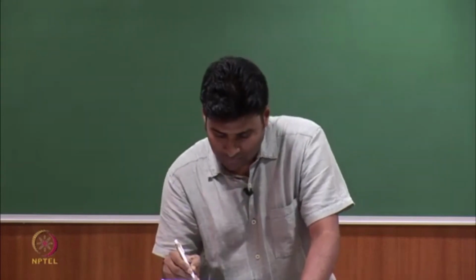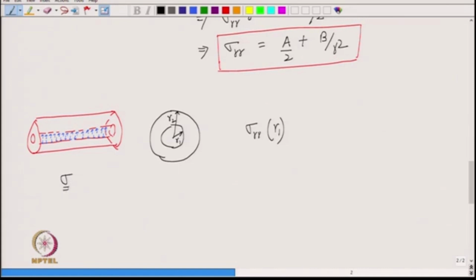So, the stress sigma into the surface normal is equal to T applied. For the inner surface, what is the surface normal? That is negative E r. So, in the E r E theta E z coordinate system, it is going to be minus 1 0 0.